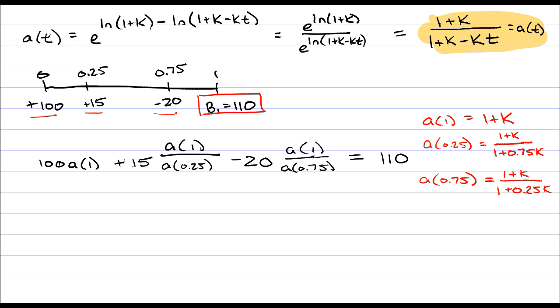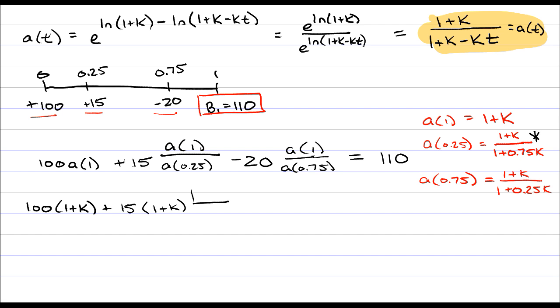Plugging into my equation here: 100 times a of 1, plus 15 times a of 1 divided by a of 0.25. If I'm dividing by a of 0.25, I can just multiply by the reciprocal.